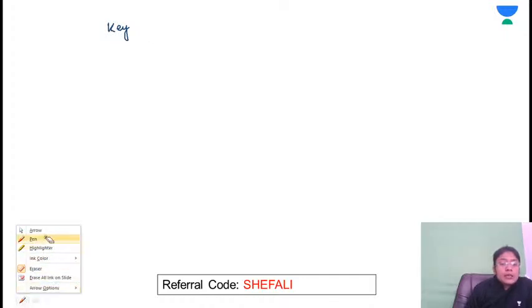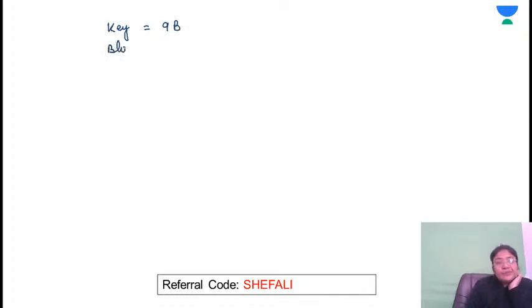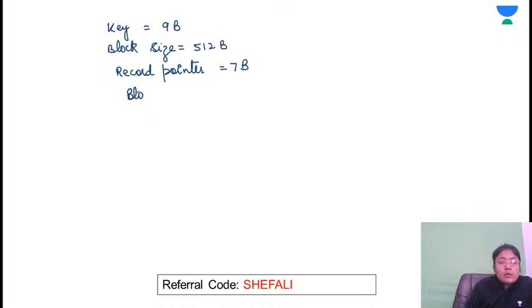Let's assume that the key is 9 bytes long and the block size is 512 bytes. A record pointer is 7 bytes. A block pointer is 6 bytes.